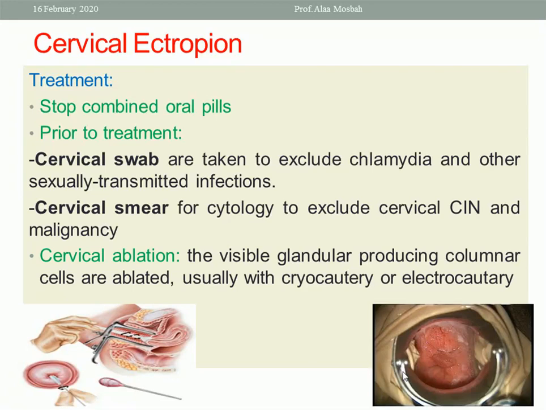We can do cervical ablation. The visible glandular-producing columnar cells are ablated, usually with cryocautery or electrocautery, as in this picture. This is the ablation of the cervix, and this is the swab, which should be done before ablation.